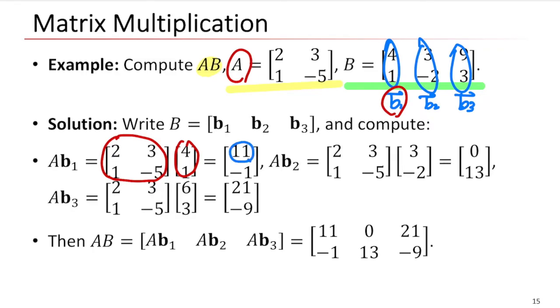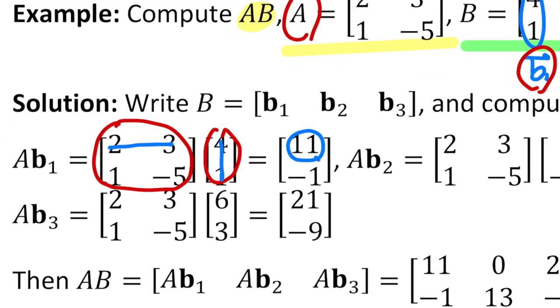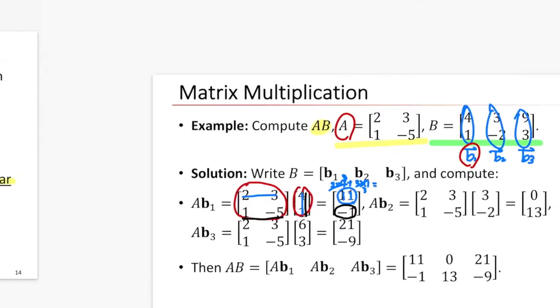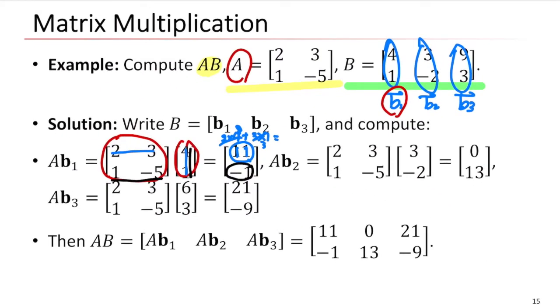How can I compute this one? This value is this row times this column, so in this case, 2 times 4 plus 3 times 1, which is 8 and 3, so it should be 11, right? What about this one? This row times this vector will be -1. In a similar way, we can find A times vector b2 here and A times vector b3 here.